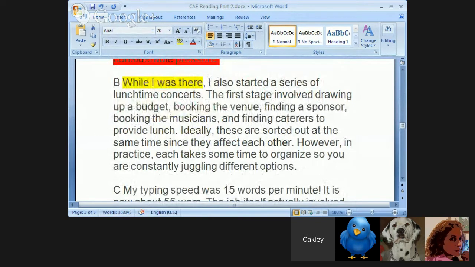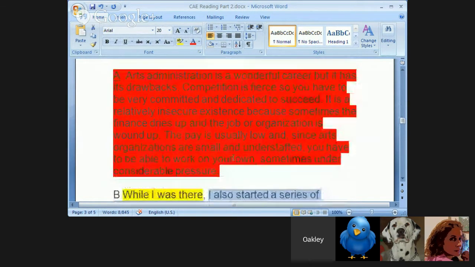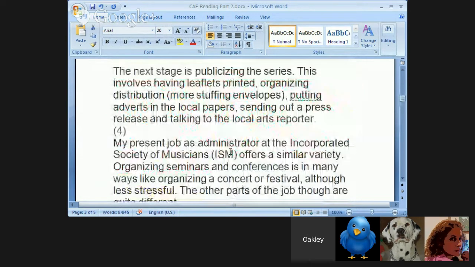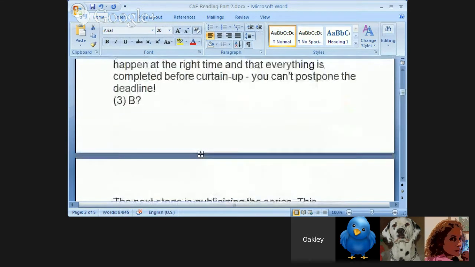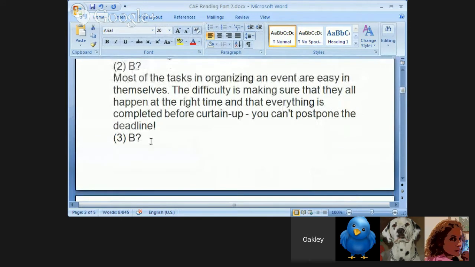The difficulty is making sure that you can't postpone the deadline. While I was there, it doesn't fit. You're absolutely right. Most of the time, it's not the general meaning, it's the grammar that you have to look at, especially those connecting phrases. And it is like a puzzle. That's exactly right.